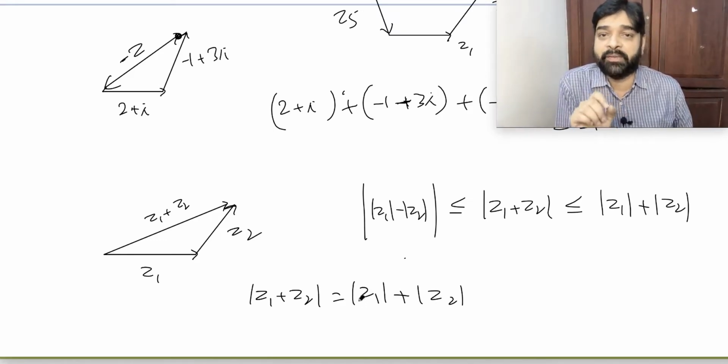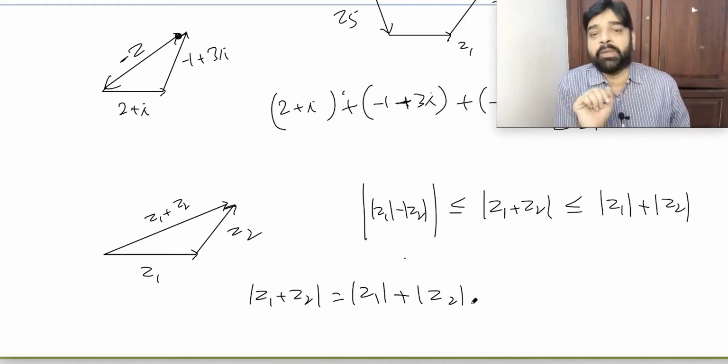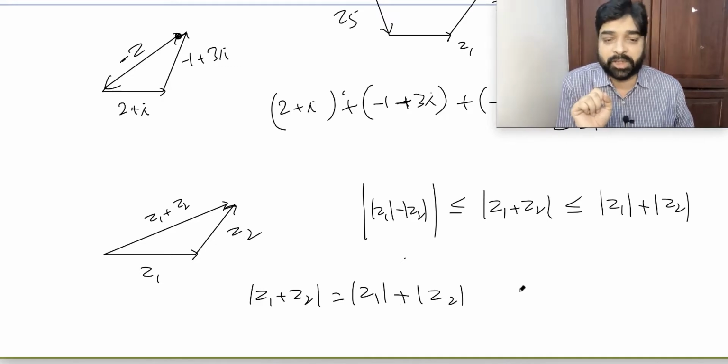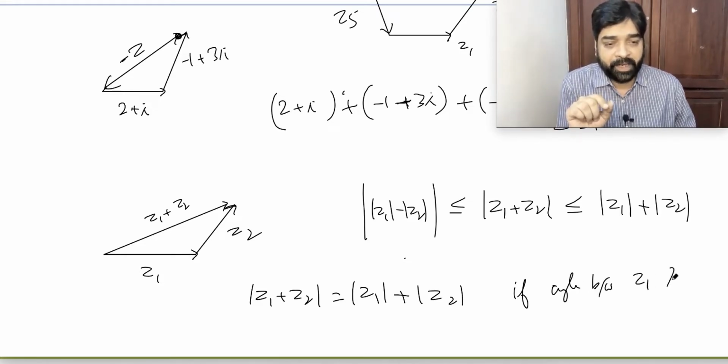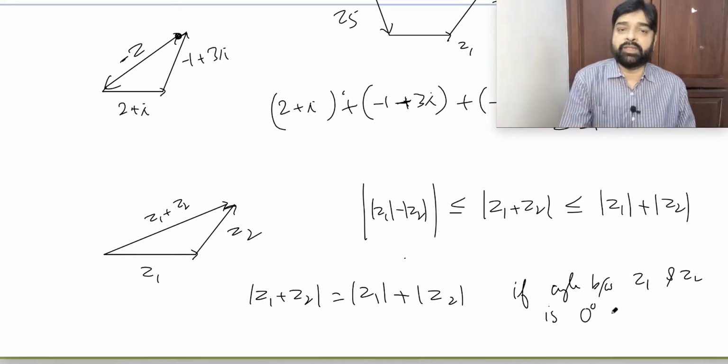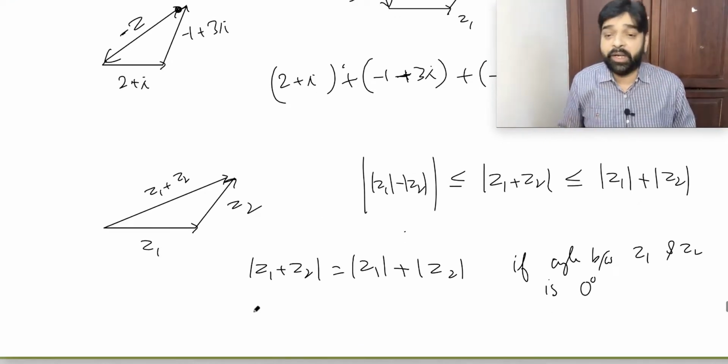When Z1 and Z2 are both in the same direction, then mod of Z1 plus Z2 will be equal to mod Z1 plus mod Z2. Means if the angle between Z1 and Z2 is 0 degrees. Understood?